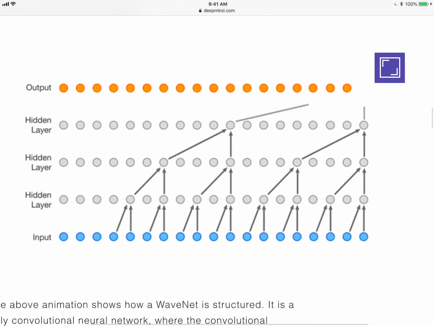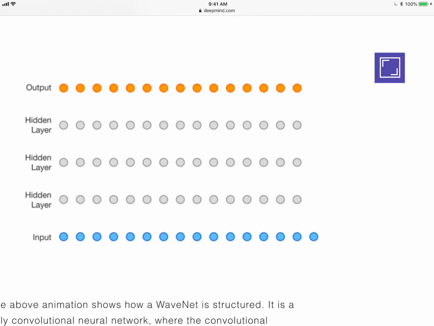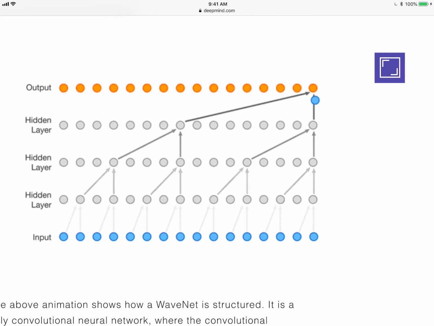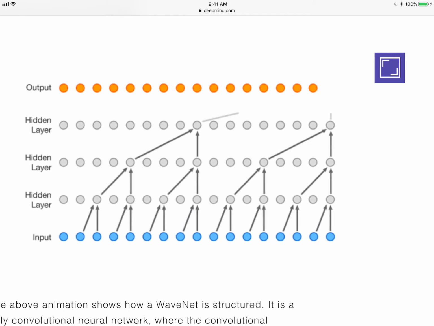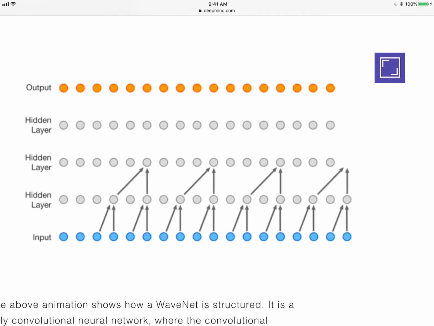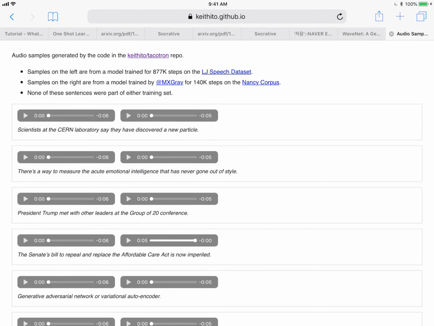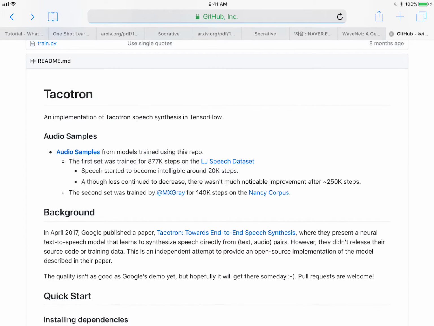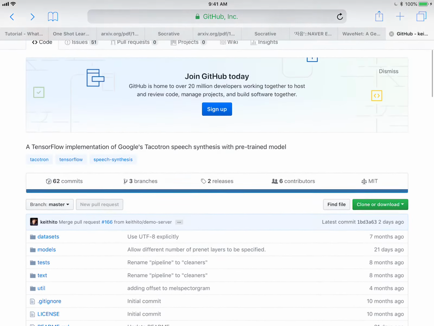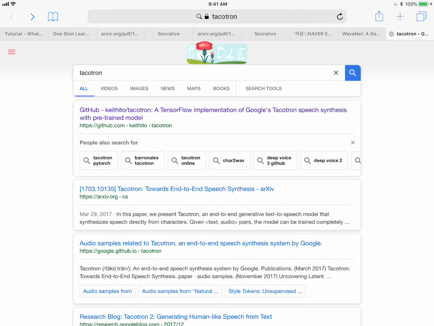In its original form, it doesn't support any kind of TTS, text to speech generation or synthesis. And then this Tacotron is doing that kind of text to speech synthesis.